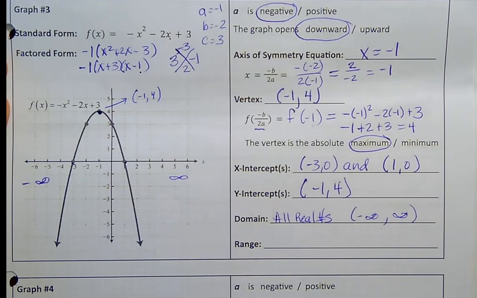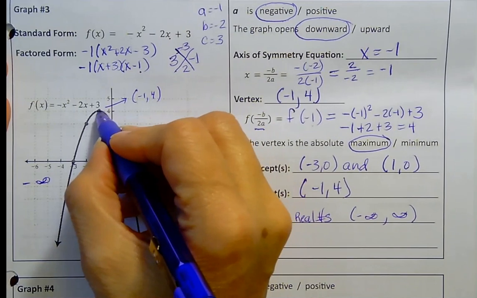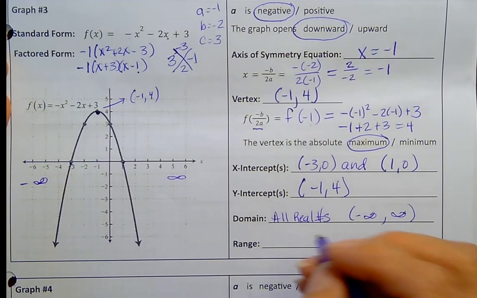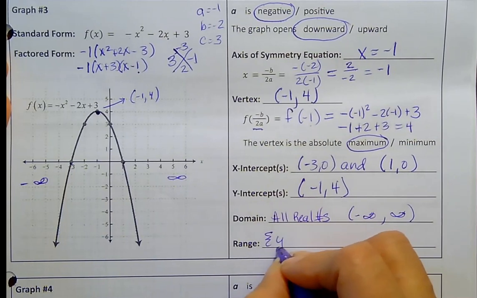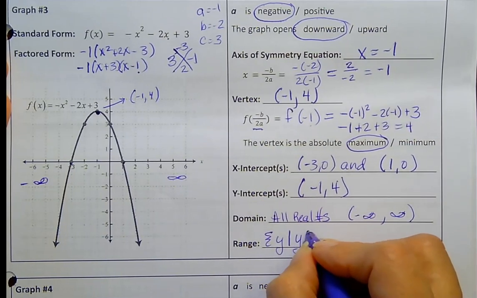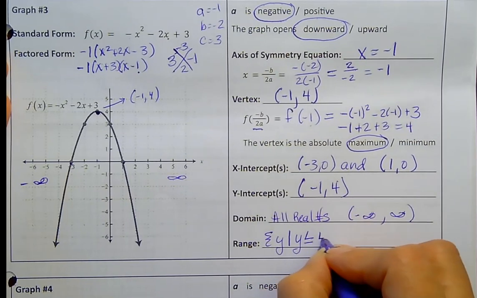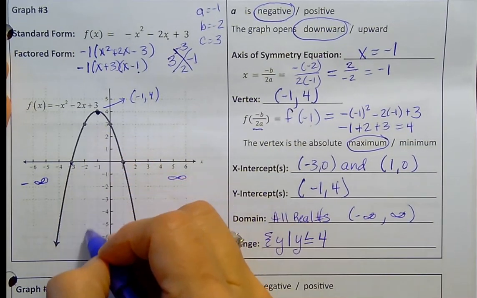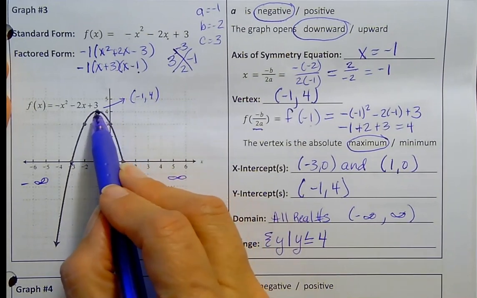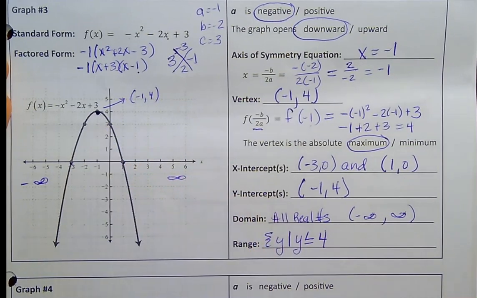Okay, my range is all of the y values that I could possibly have. Well, I have a stop right here, the highest y value I can possibly have. So I'm going to say my range is y such that y has to be less than or equal to 4. Any y value I get when I plug in some x is going to be at most 4, and it might be something smaller, okay?